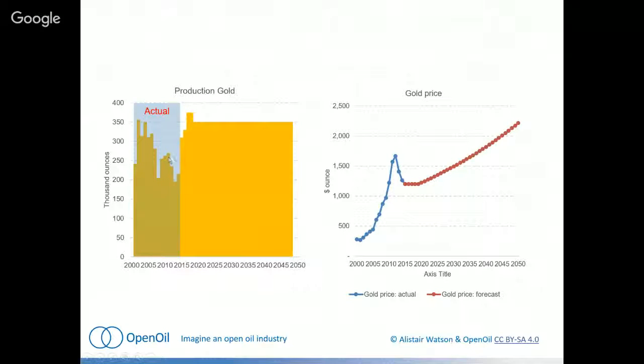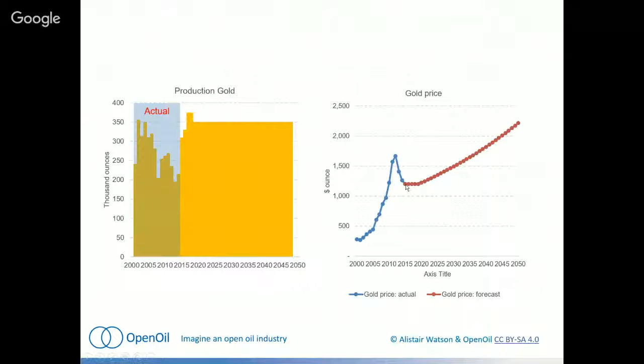As I said, up until 2015, we had the actual annual gold production in 1,000 ounces. And then using a presentation that the company put on its website, they had some information about forward-looking gold production, so we've reflected that. Then we have on the right-hand side historic gold prices in the blue series here.